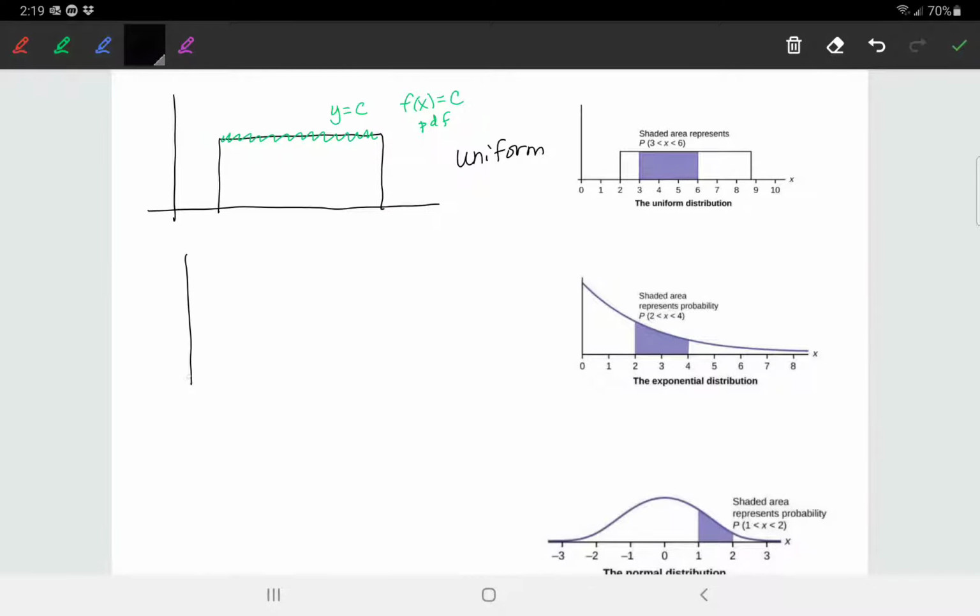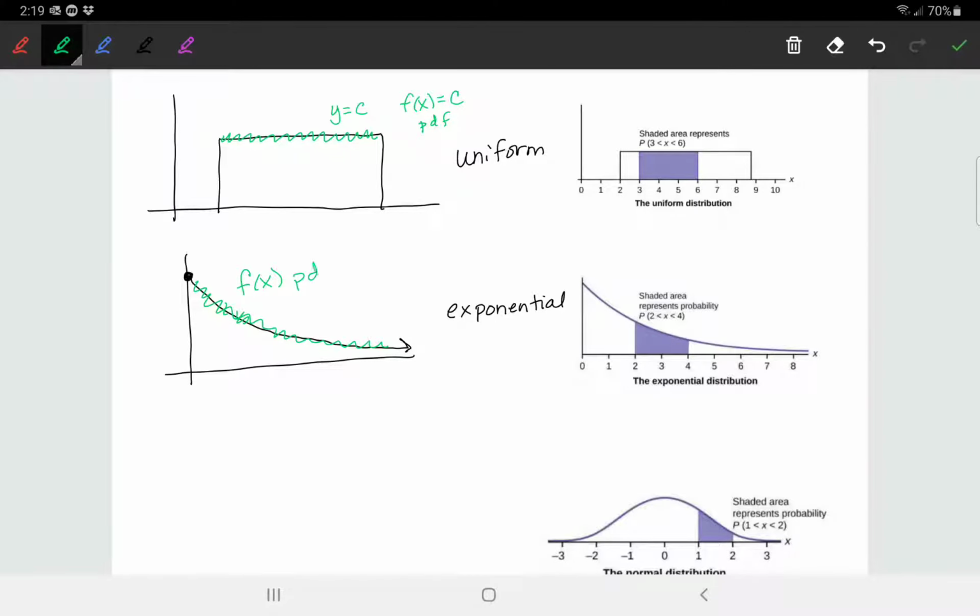Exponential distributions have this shape, like so. And in this situation, this curve here represents the probability density function. This is our little f of x, or the PDF.